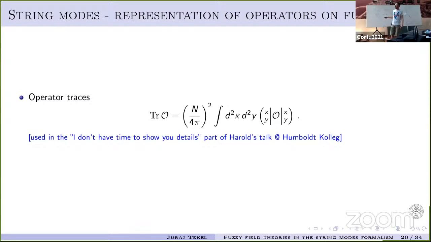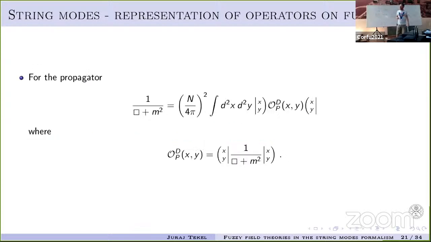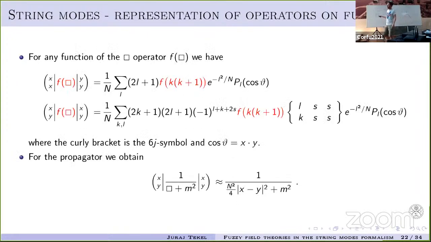And Harold showed you some of the very interesting results of similar calculations in much more complicated theories than what I'm going to tell you about later. But I want to concentrate on the propagator. So the propagator is diagonal in the xy modes because those are the eigenfunctions of that operator. And now again, doing some tedious algebra, you can show what are the local and the diagonal elements of functions of the Laplacian.